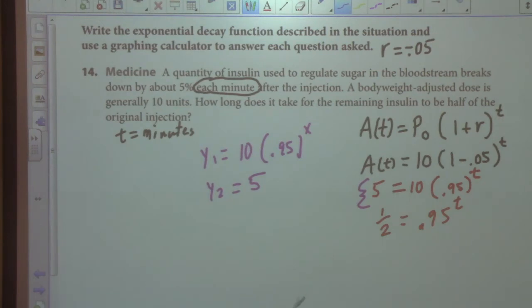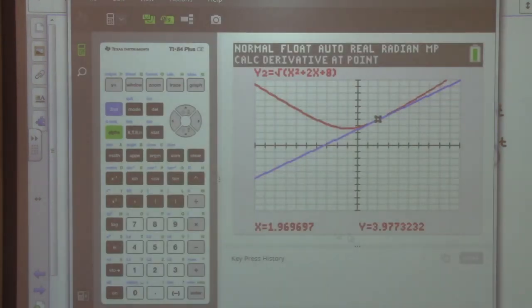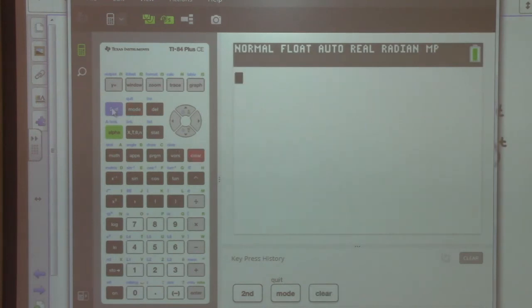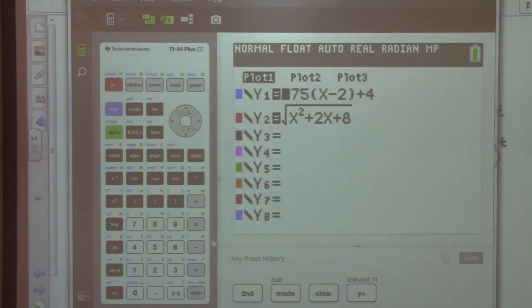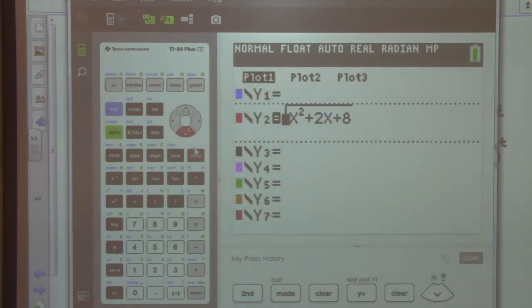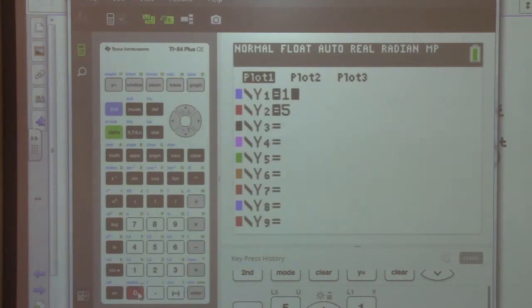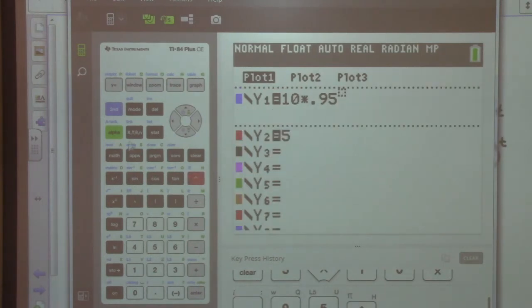And go to your calculator. Let's do that. Y equals: we'll have this one equal 5, this one equal 10 times 0.95 to the power of x.